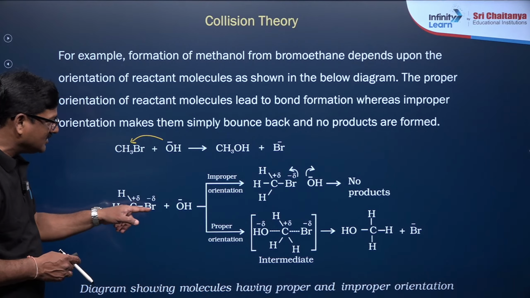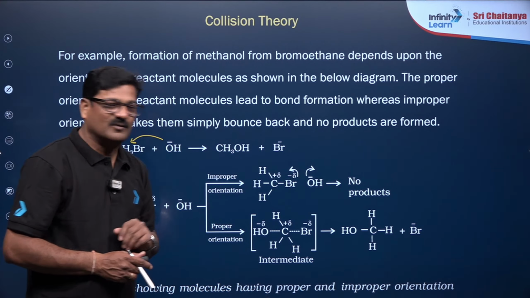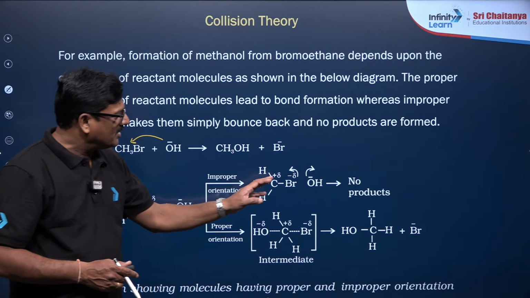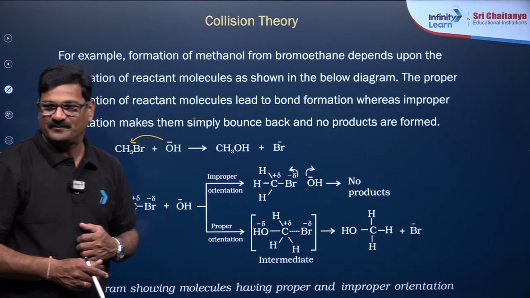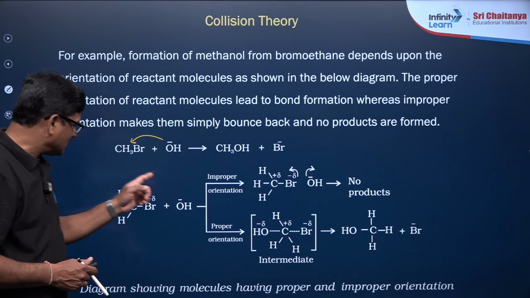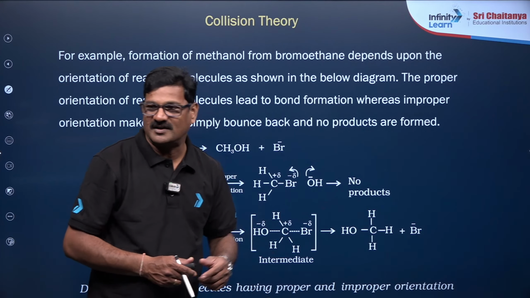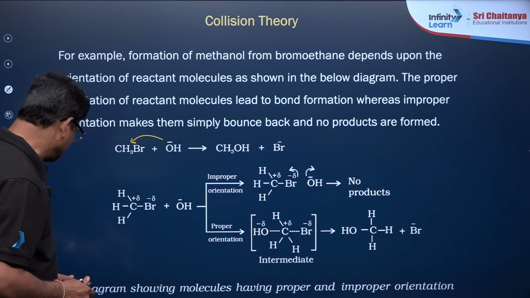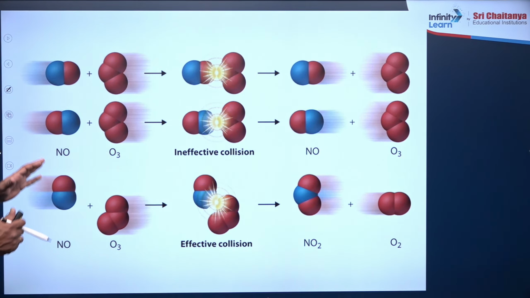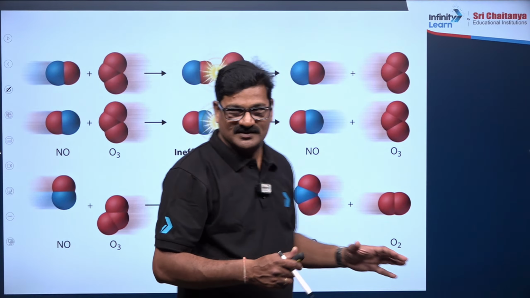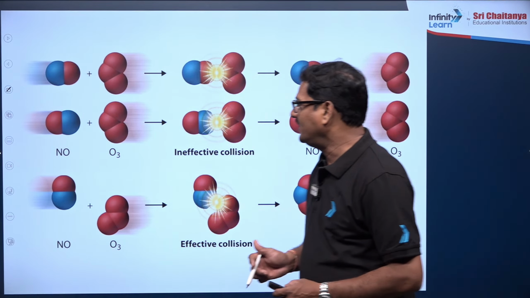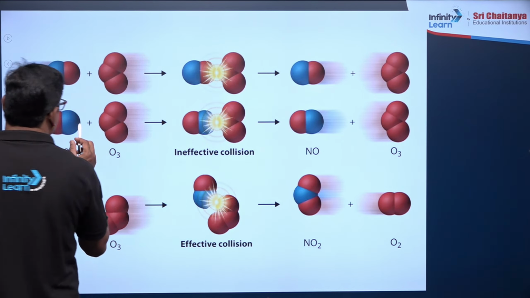If they collide in this way, with improper orientation, they cannot make a product. If they collide at the carbon, they form a transition state and give a product. And you just watch, this is going to be super important. I want to say nitric oxide and ozone.